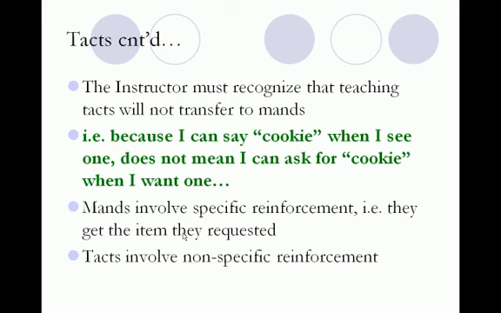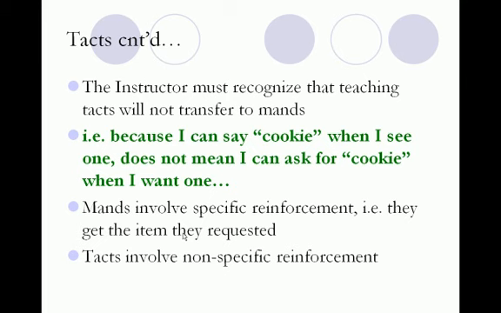Okay, so what's important to note with tacts is that teaching tacts alone does not mean that they will transfer to mands, which I think is probably the most groundbreaking sort of finding that we've had with people that have worked in the field of the analysis of verbal behavior.